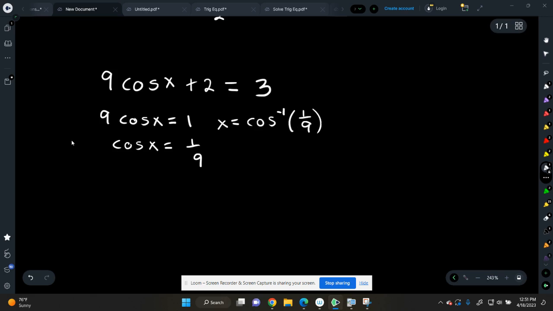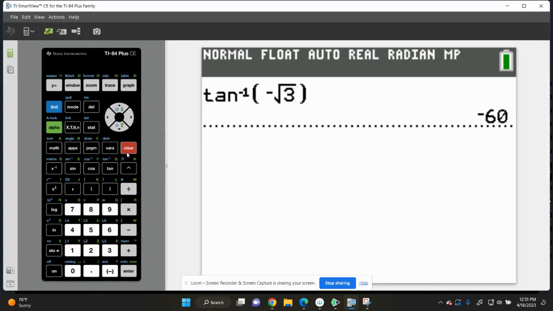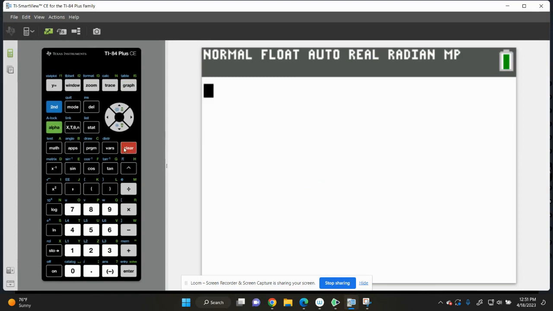Is that one that we can do on our unit circle? No. So we're going to go to our calculator. You think it's 15? I don't know. We'll find out. Make sure I'm in degree mode.